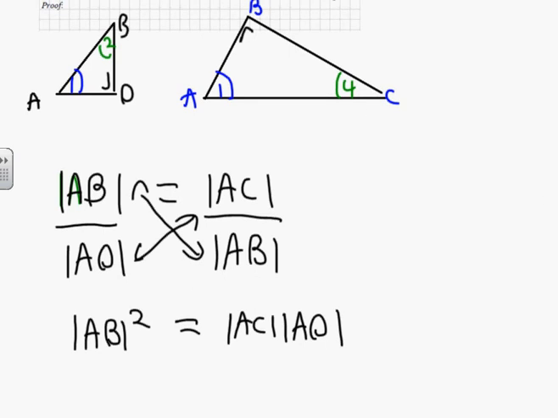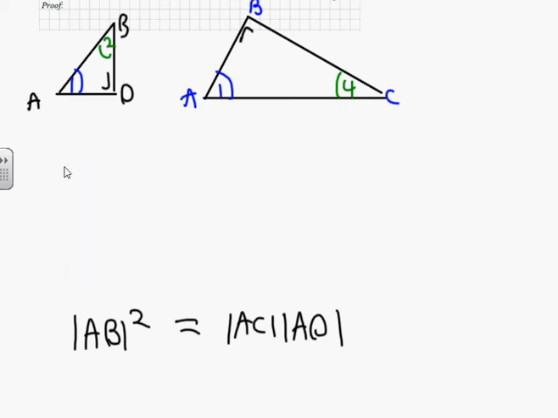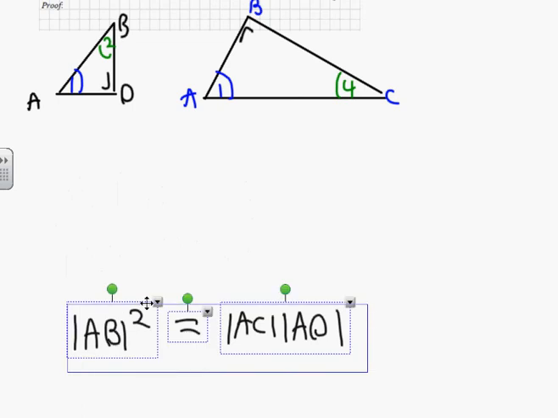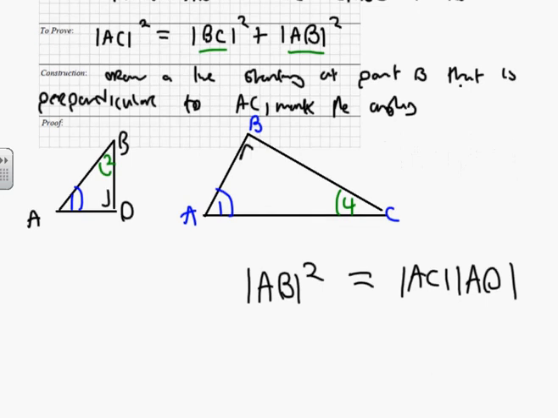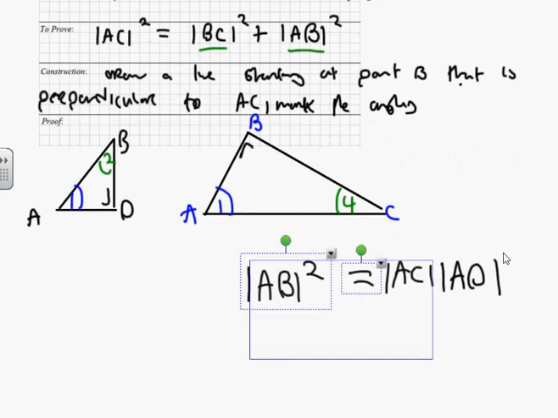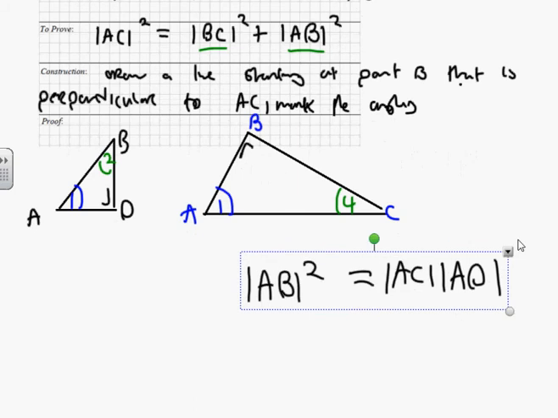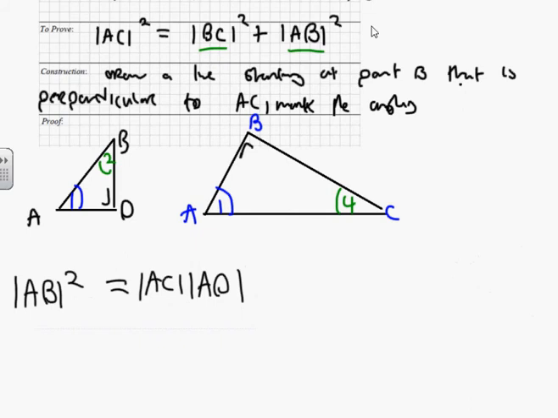That's the first piece of information you need. Okay? So that there is the first piece of information you need to make this work. So you have AB squared equals AC by AD. Okay, if you didn't get what I did before, I'm about to do it again, except for the other triangle. So this piece of information here, I'm just going to shrink it here and leave it in the corner, just wrapped up, because we're going to use it later on.